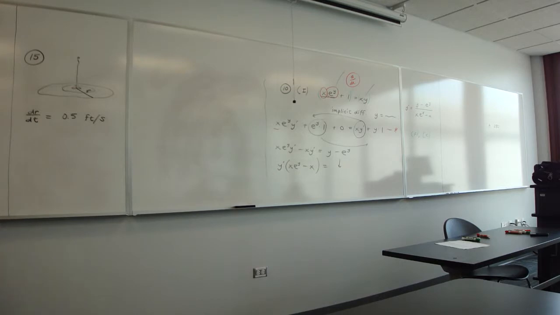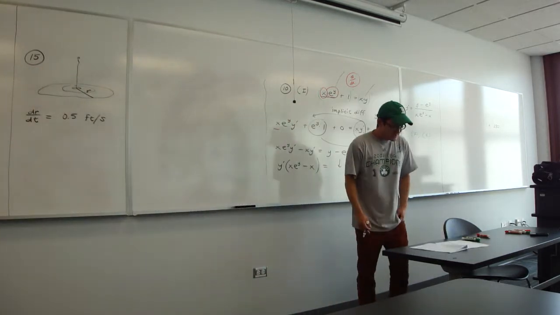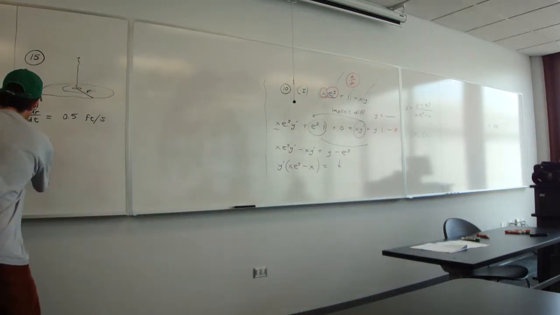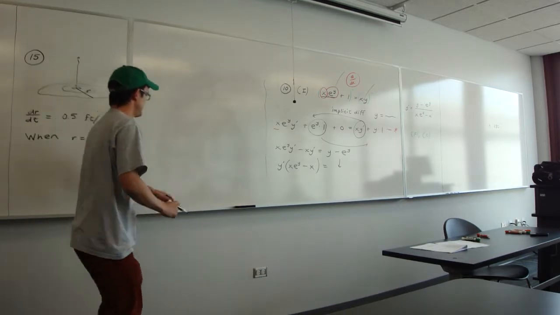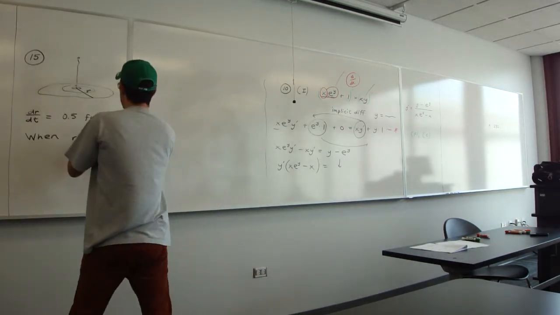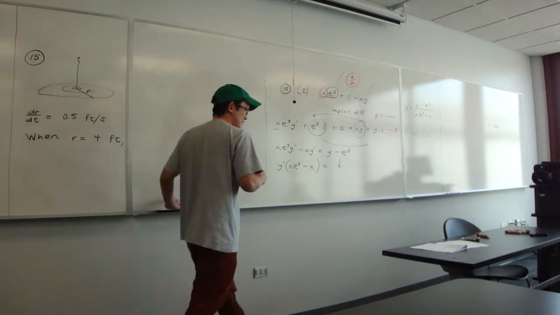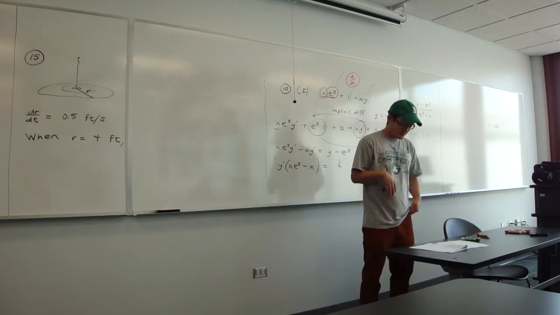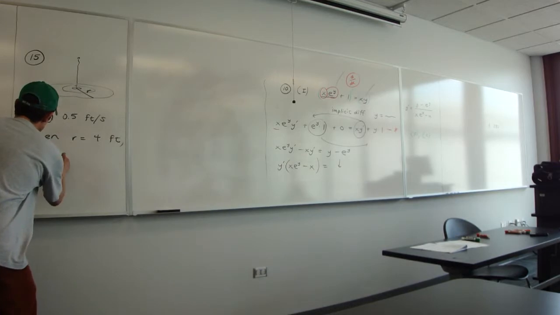That's given in the problem. And then the question says when the radius is 4 feet. So I'm going to write that down verbatim. At the moment when r is 4 feet, at what rate is the total area of the disturbed water changing? So they're asking you for dA dt.